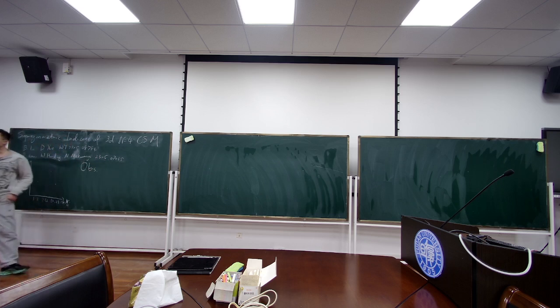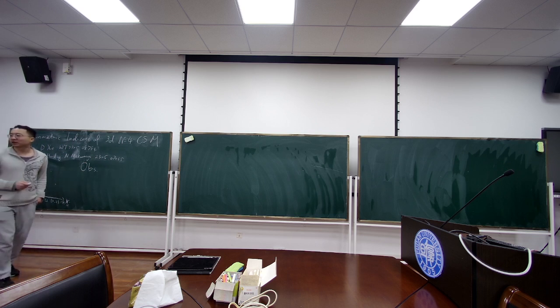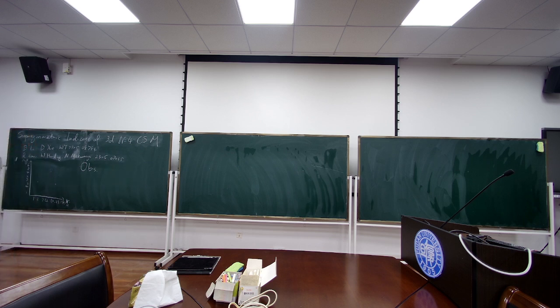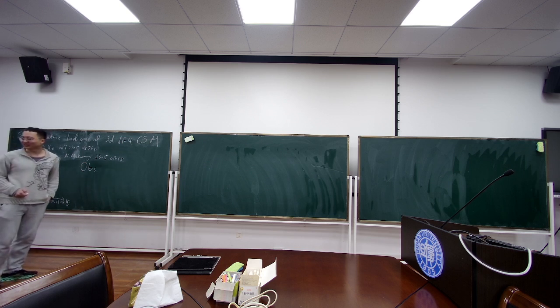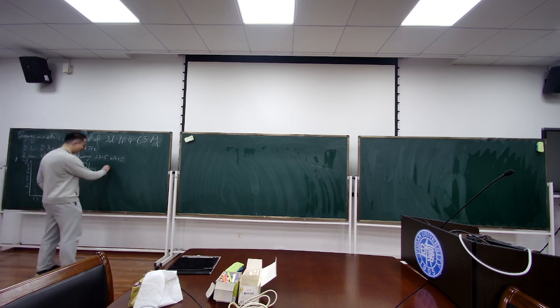By the way, if you feel my writing is too small, or have any questions, feel free to interrupt and stop me, as I did yesterday. Okay, so we have a lot of observables. Some of them are useful, some of them are less useful. So there are some indices.